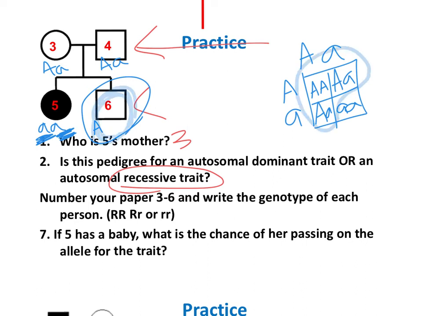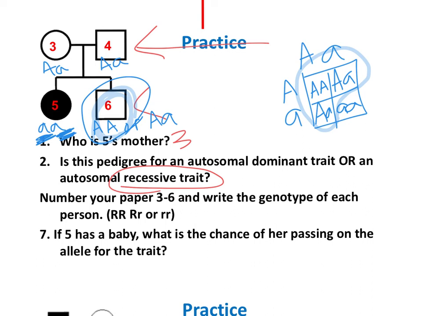They could be homozygous, or they could be heterozygous. I actually don't know. So in that case, I would say it could be either homozygous dominant or heterozygous. Definitely they're not recessive because they're not shaded. But of those two, it could be either.